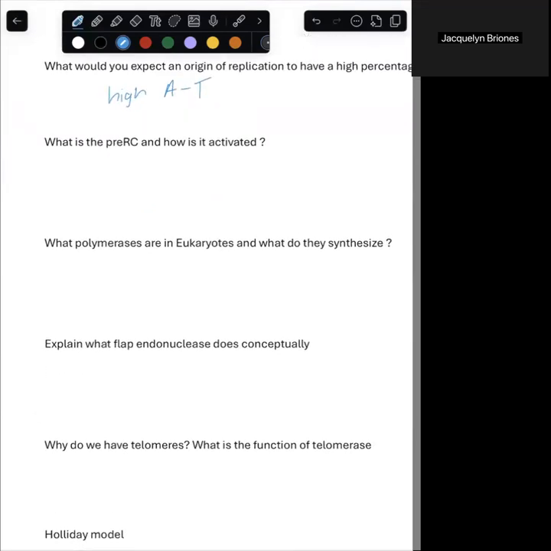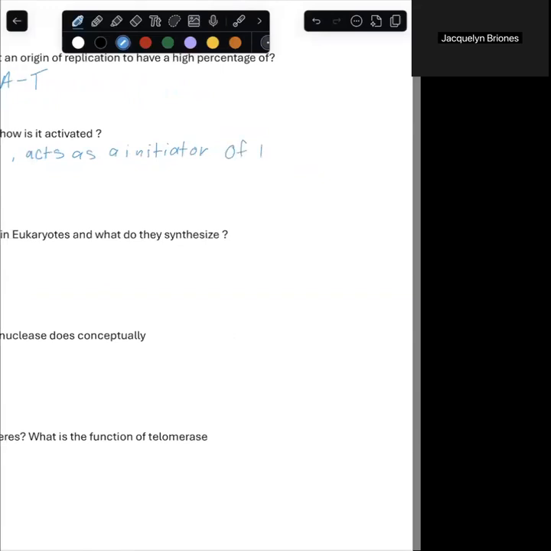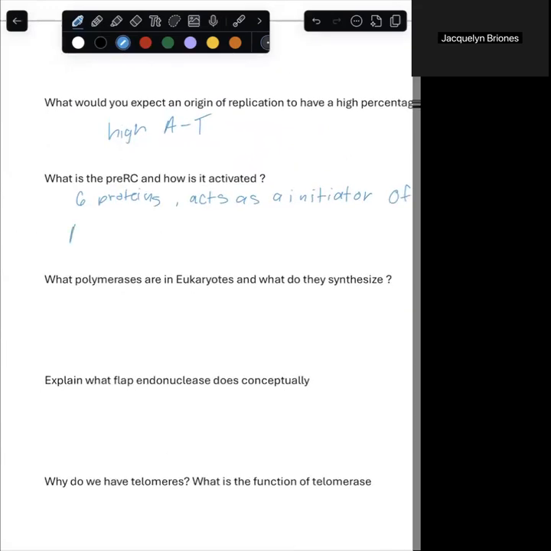So the pre-RC is 6 proteins and it has a... activated by phosphorylation.